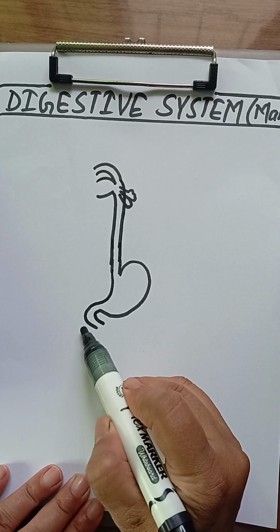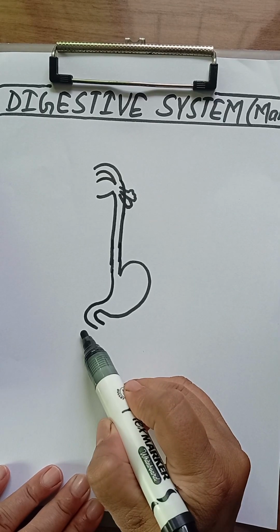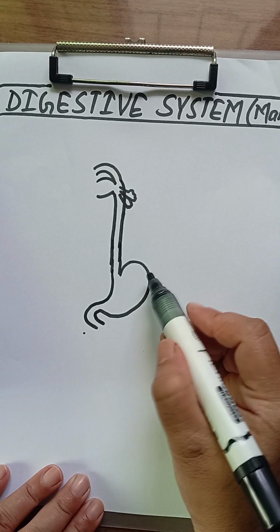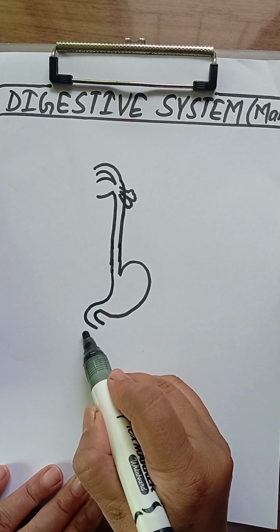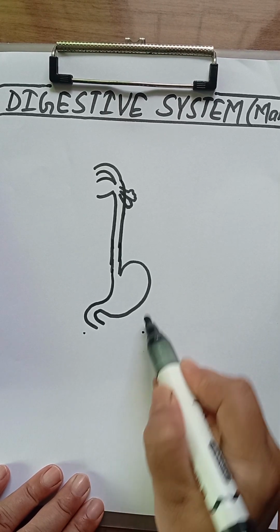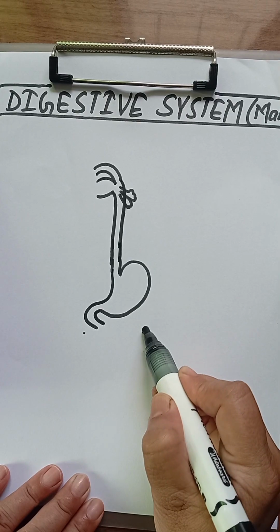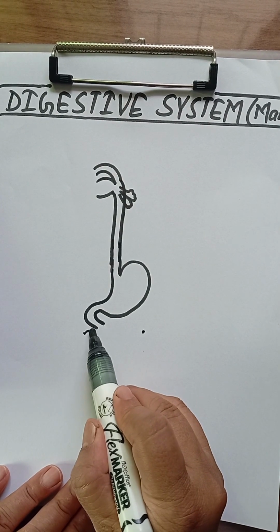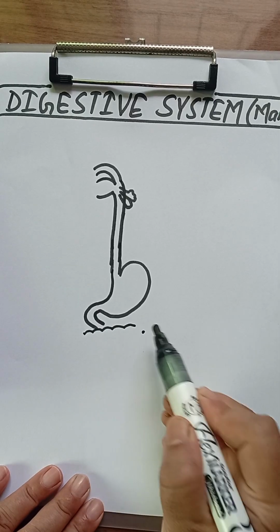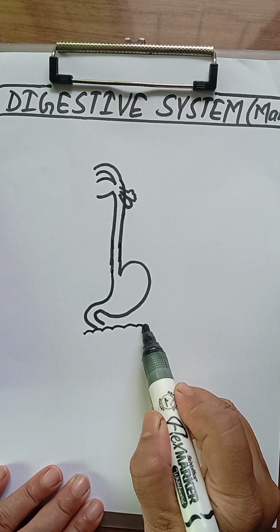Then you have to mark a point just below the duodenum like this, and you have to mark another point in a straight way from this part of the stomach like this. Then you have to connect these two points in this way.